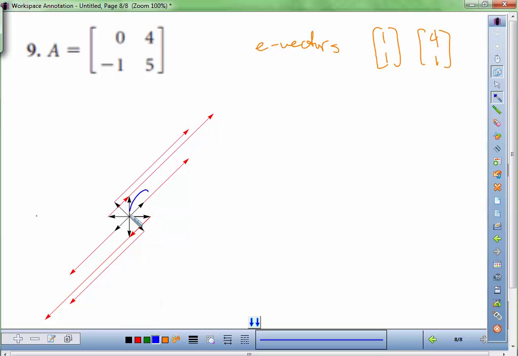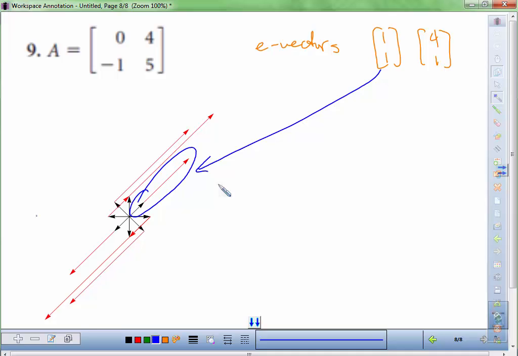So if we look at the 1, 1 vector, it looks like it turns out nicely over here, and we can see it clearly. So what I want to do is see what's up with the 4, 1 vector. How come we can't get that?